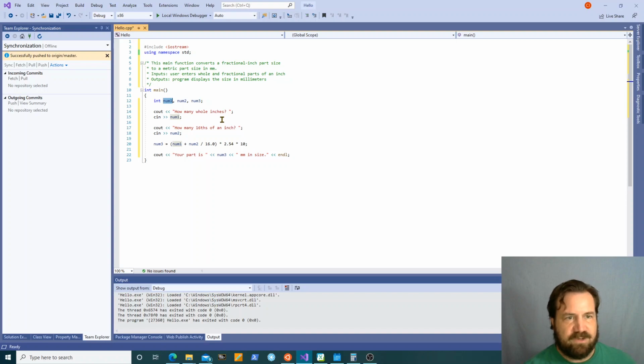How could we make this easier? Well, you could make your code self-documenting by using sensible variable names.